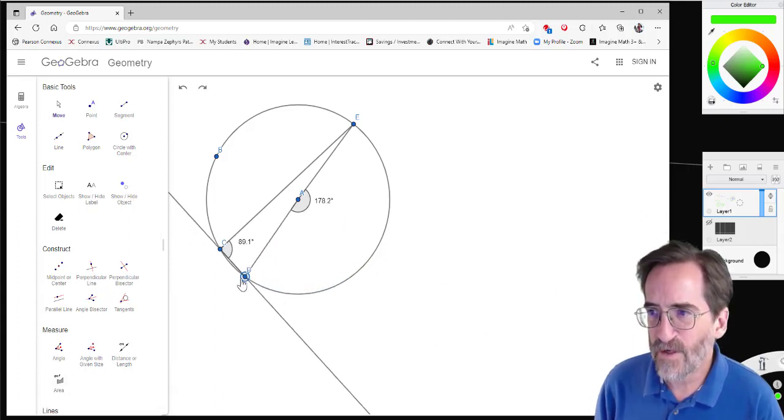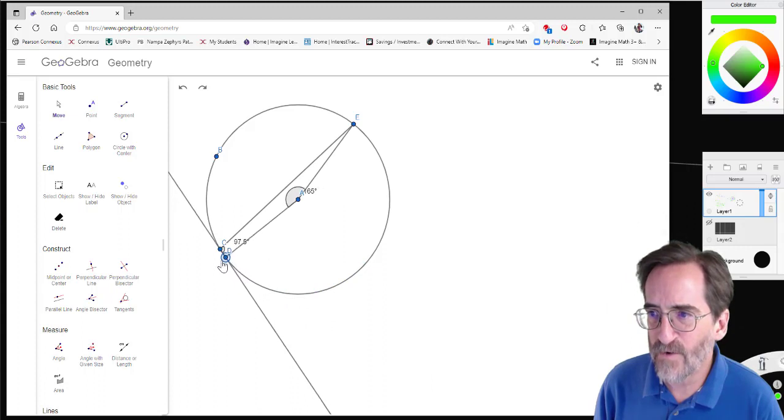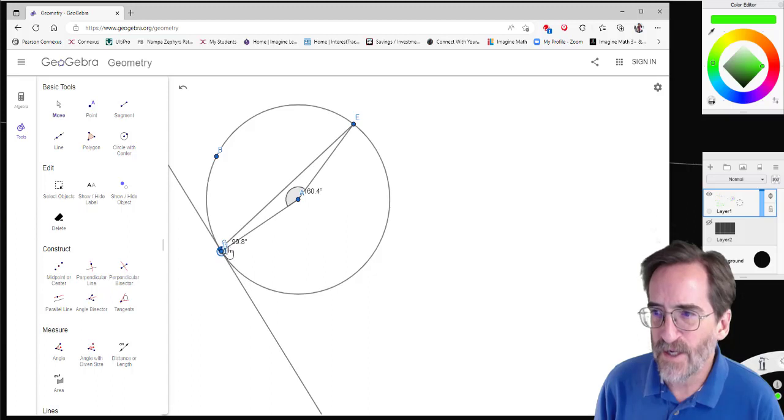When C and D get really close together, you may recall the angle between the radius and the tangent is 90 degrees.